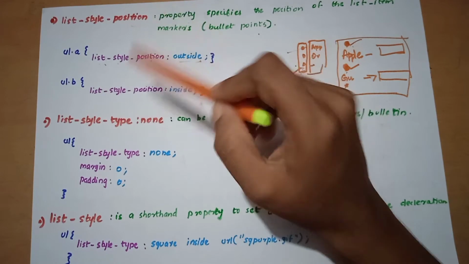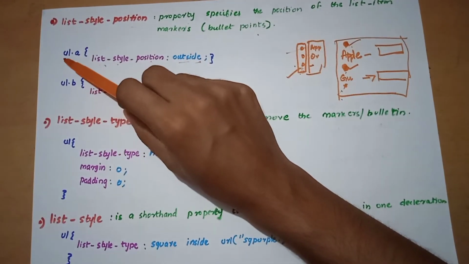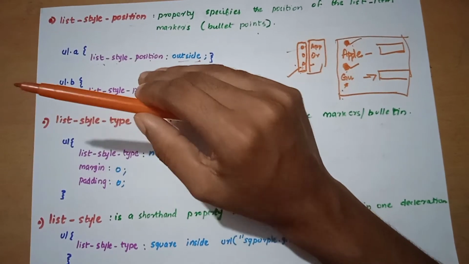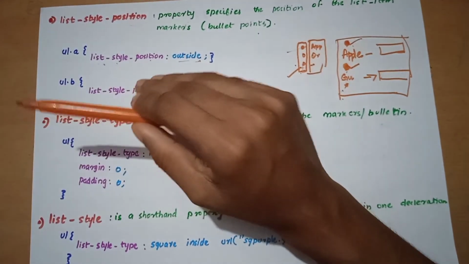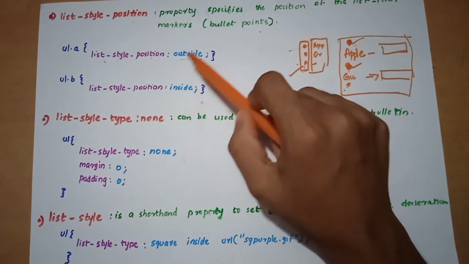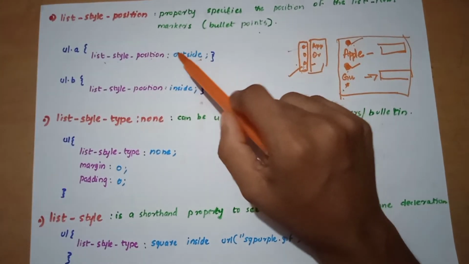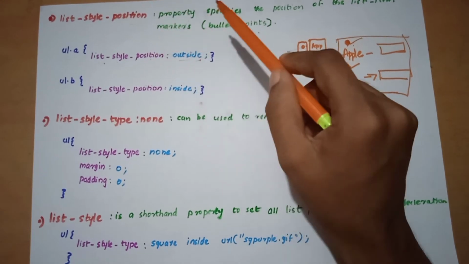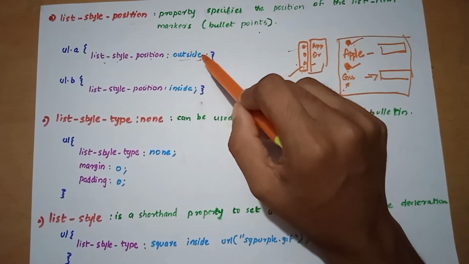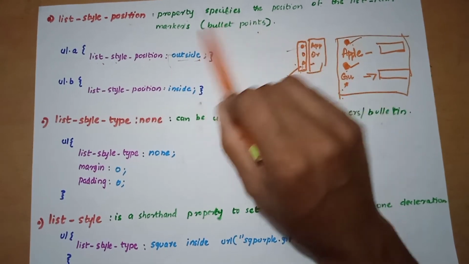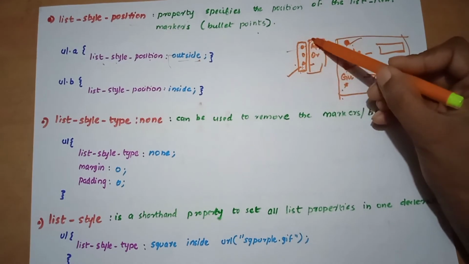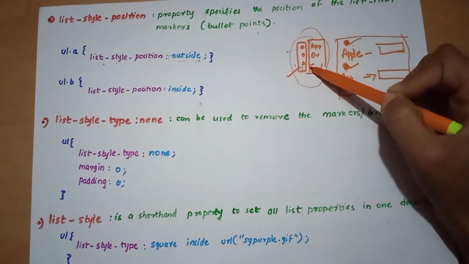The UL, this unordered list, also has some basic margin and padding, etc. So all about we have to do our own changes. For that we use this position as outside. Whatever the default values are, it doesn't matter, we have to change it to list-style-position outside. So you will get a list item in this way.